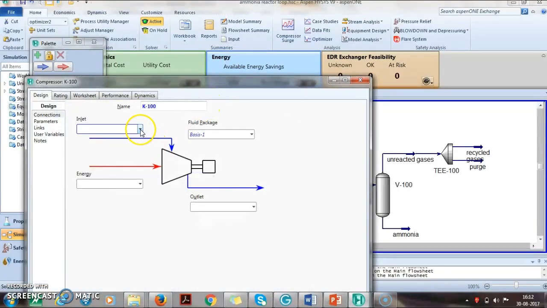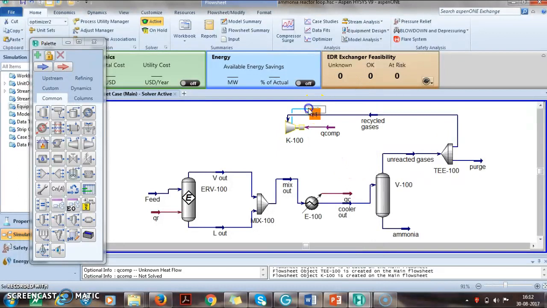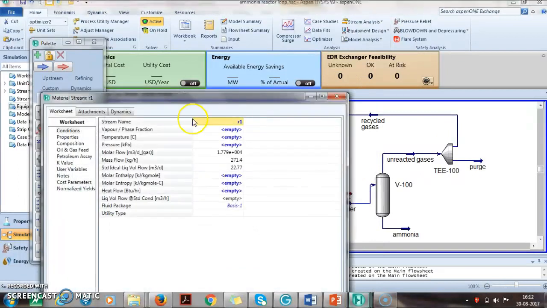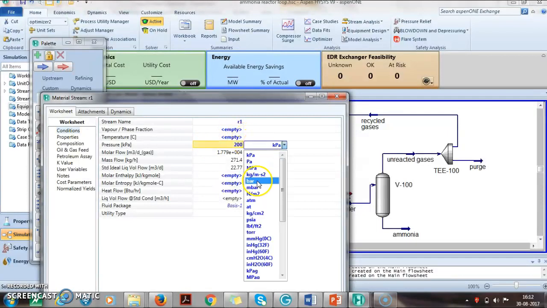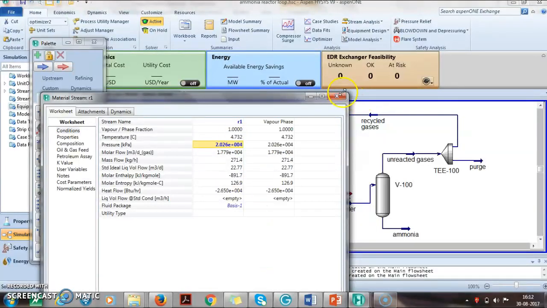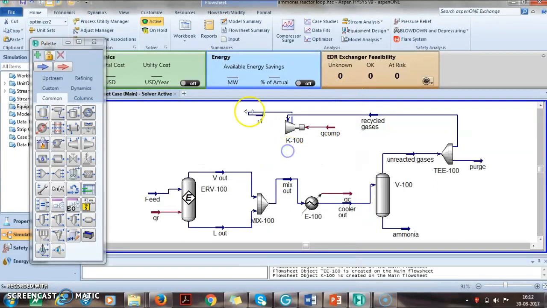So let's take this as recycled gases, R1, let's say, and let's say Q comp, and we have to decide the device pressure, which is 200 atmosphere. So this will then be recycled back.